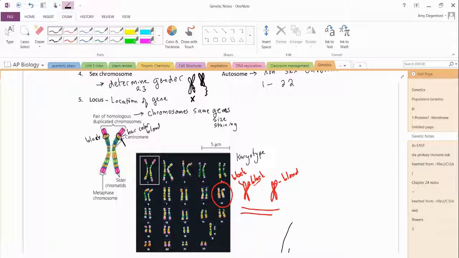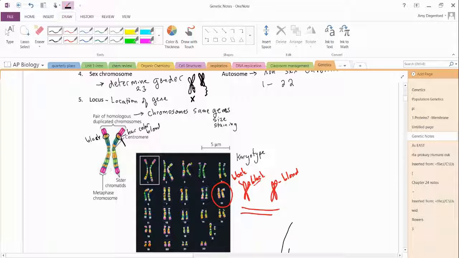And maybe on one chromosome, you have a gene for black hair, and then on the other chromosome, you have the gene for another hair color.